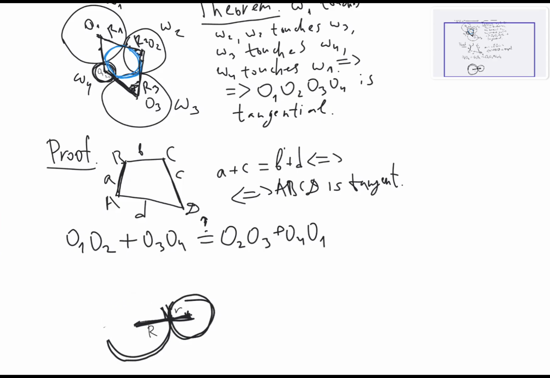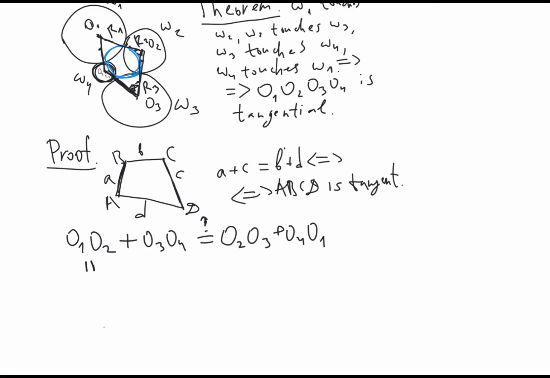If you apply it here, we get that O1O2 is equal to R1 plus R2, and O3O4 is equal to R3 plus R4.